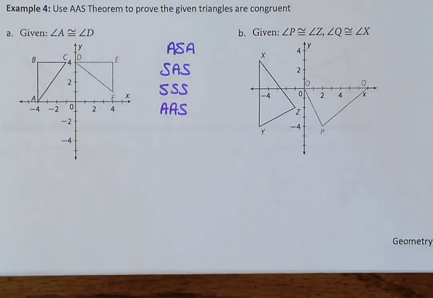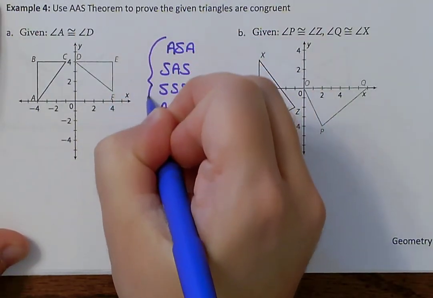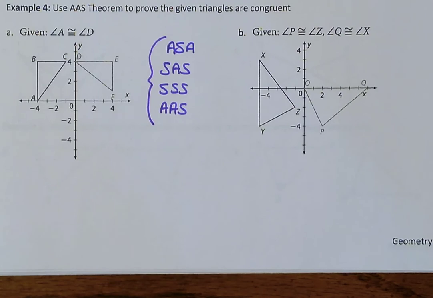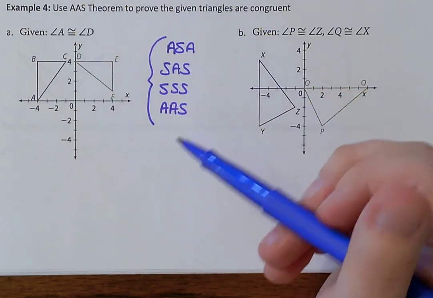So we have successfully talked about 4 different triangle congruence statements. So we found 4 different shortcuts. Instead of going through and finding that all 3 sides and all 3 angles are congruent, we can use any of these shortcuts.